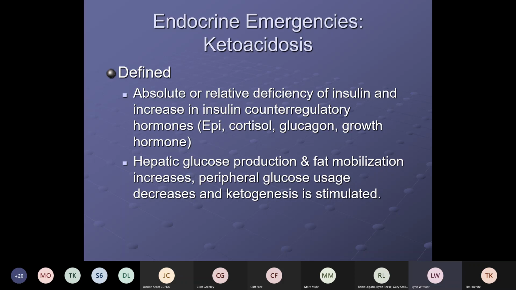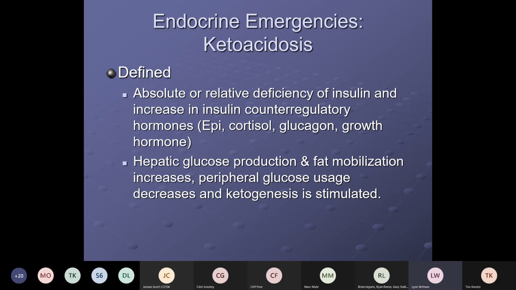This is an absolute or relative deficiency of insulin and an increase in insulin counter-regulatory hormones: epi, cortisol, glucagon, growth hormone, and still the blood glucose keeps rising, because you're unable to use the glucose intracellularly, so it is not going intracellularly except by slow, non-facilitated diffusion.